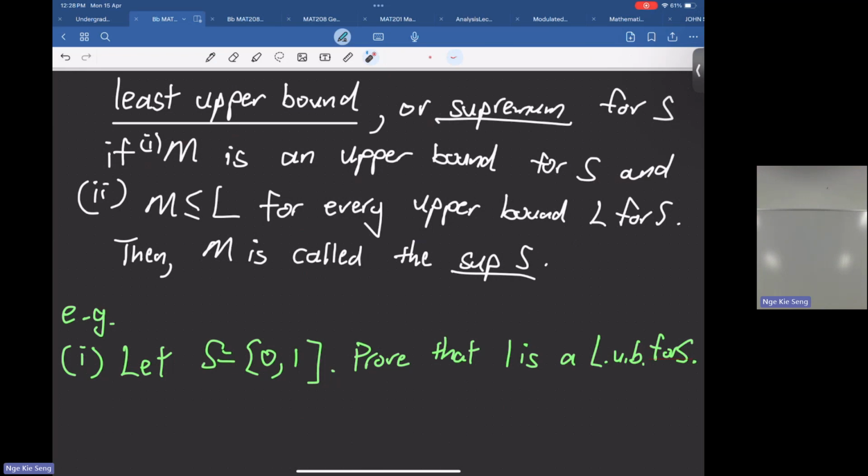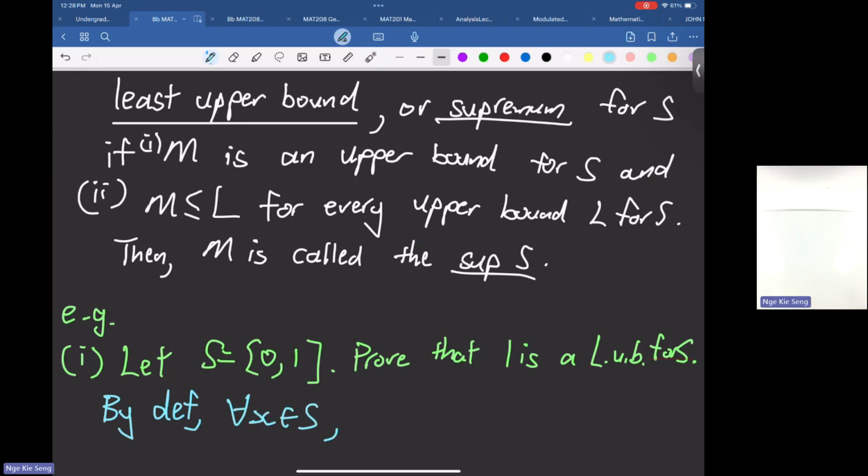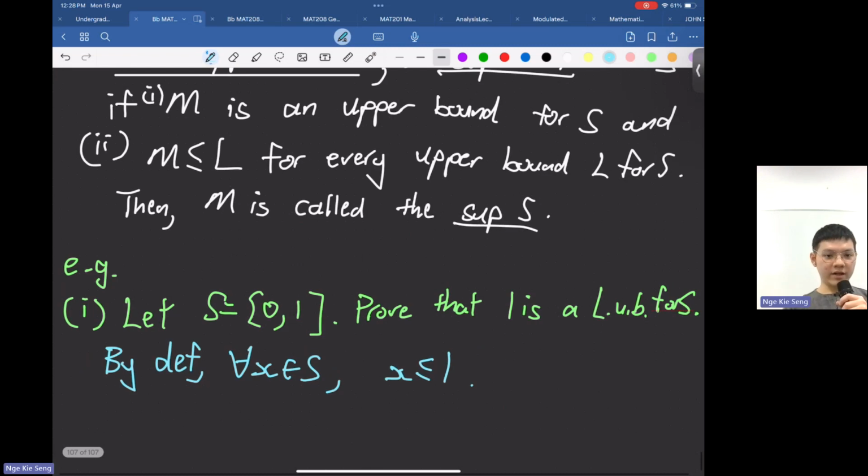So in particular, it is less than or equal to 1, by the definition of a closed interval. So I will write here: first, by definition, everything in S is less than or equal to 1. Upper bound, quite easy. How about the least upper bound? Why is it the least one?